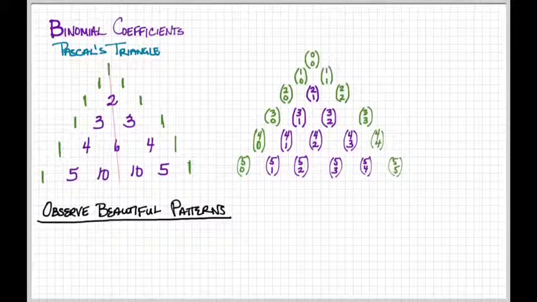There are really some very, very beautiful patterns that you can observe in Pascal's triangle, and these lead to identities involving binomial coefficients. One of the very first things you have probably noticed is that they're very symmetric. There is a line of reflection where everything is the same across the line.